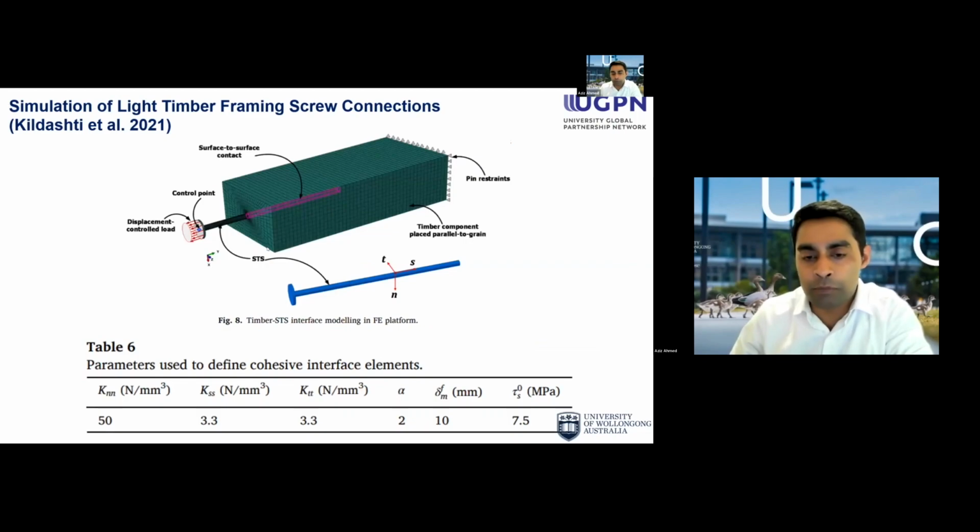Whereas the simplified option is to model this connection smooth, but apply a cohesive interface element, or just a friction, we call it the contact property, a cohesive contact property. So that means it increases with load, linearly, it has a linear stiffness initially, but just think about it.